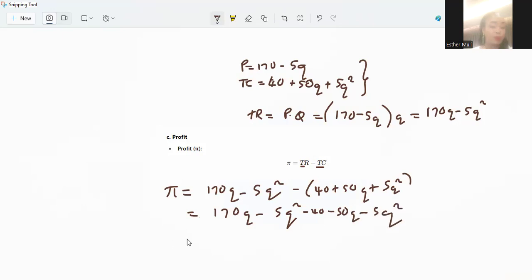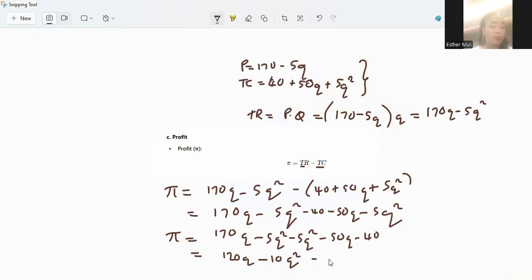So you put the like terms together. 170Q minus 50Q, how do you get 120Q? And minus 5Q squared minus another 5Q squared, we get minus 10Q squared.